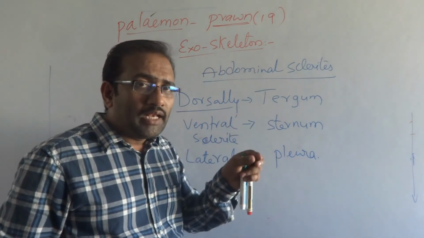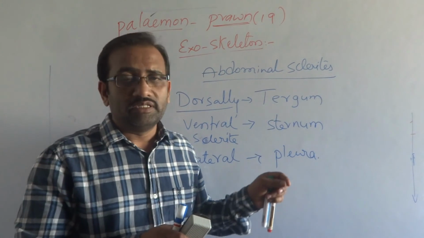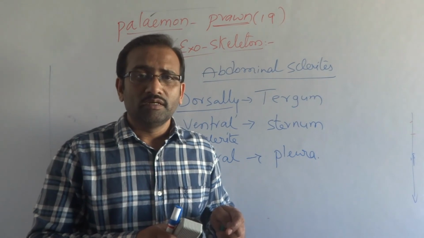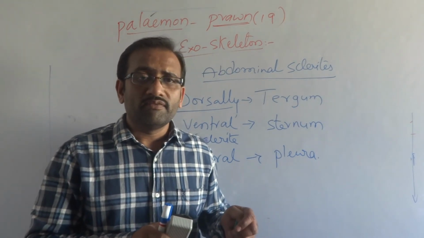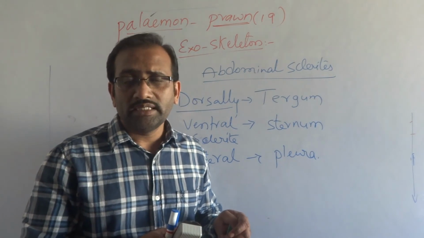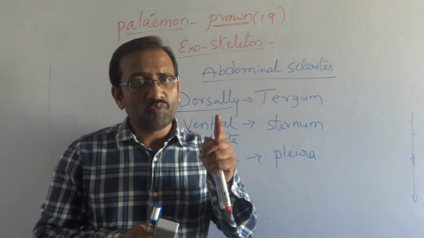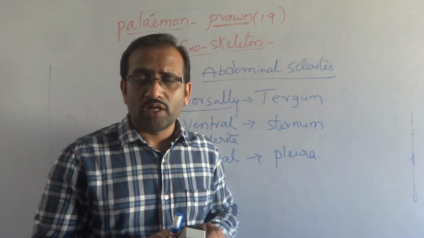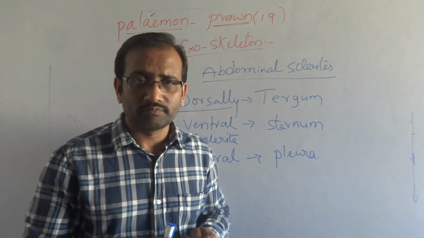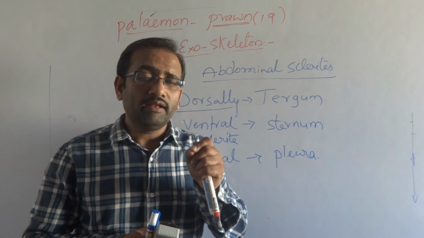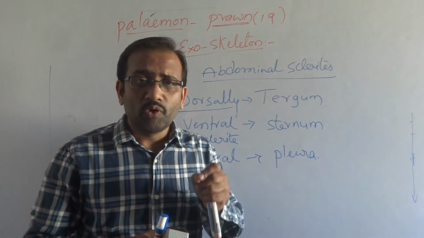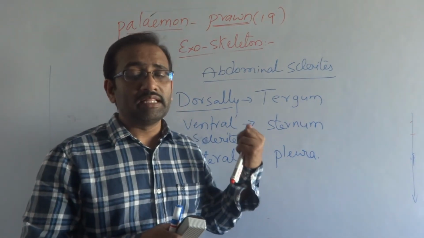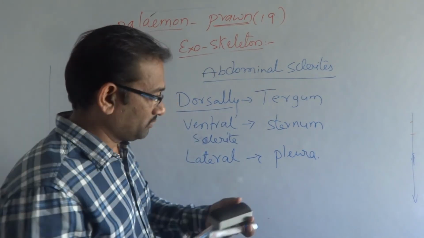The abdominal appendages arise here. As already discussed, the pleopods, also called swimmerets, are present. These swimmerets arise from each and every segment of the abdomen. There are six abdominal segments, and each abdominal segment gives one pair of pleopods, also called swimmerets. The part where the swimmerets or pleopods arise and come outside from the abdominal segment is called the epimeron.